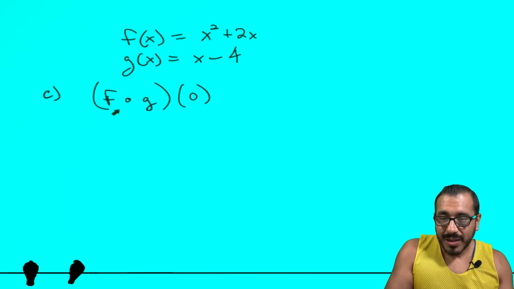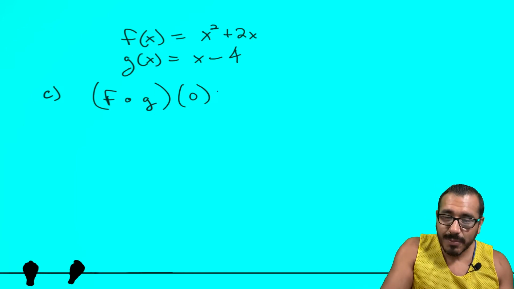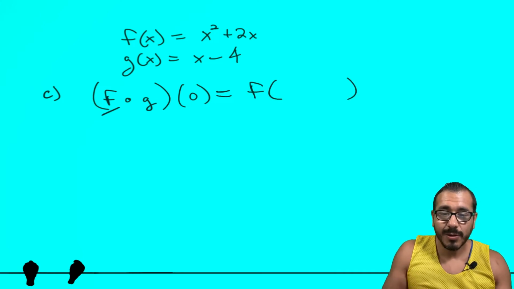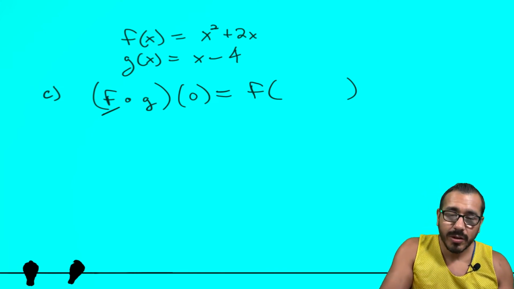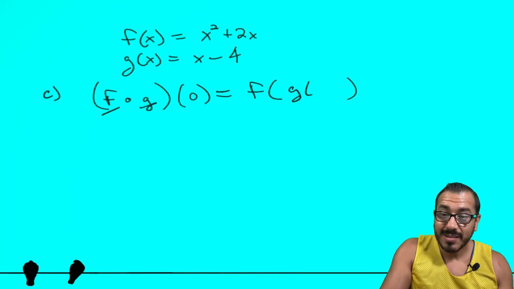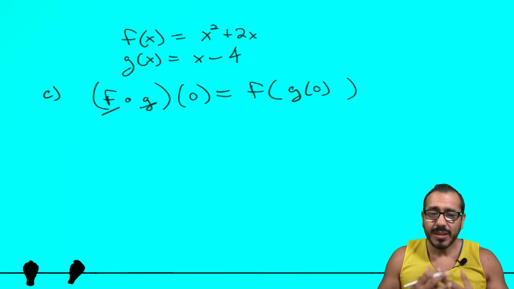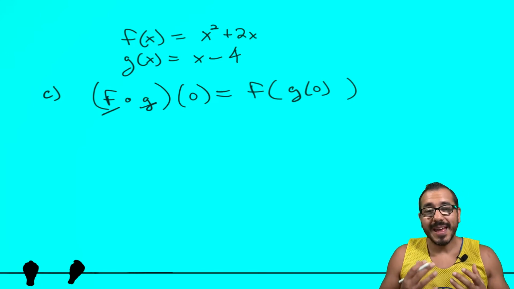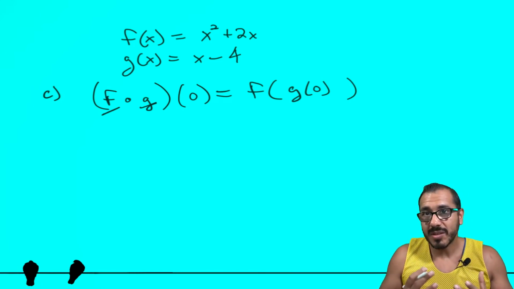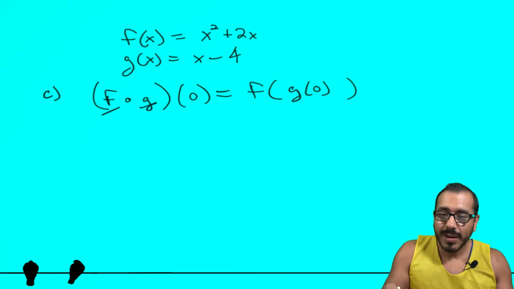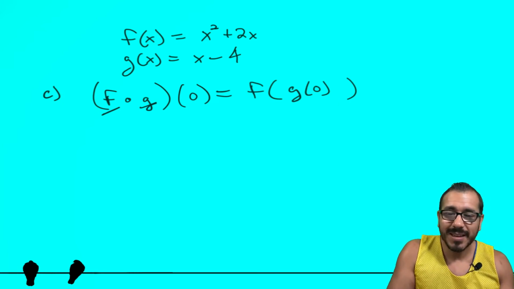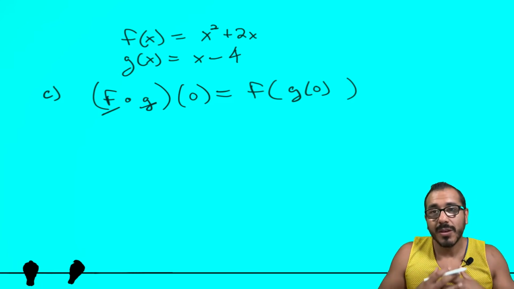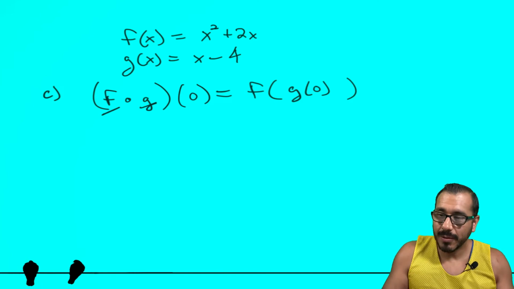Your definition states that this is the same exact thing as taking that outer function, which is f, the first one they give you, and plugging g of 0 into it. So be very comfortable with all the different looks that these compositions can take on. Make sure you know that this is the exact same thing as this. Notation is key, or else you're going to be lost in terms of what they are asking me to do.